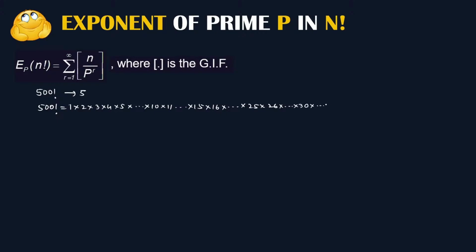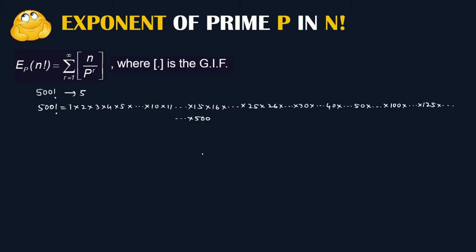I'm just writing it because I want to make you understand how the thing actually works. Then 40 will come, then at some place 50, then somewhere 100, and 125, and this thing goes on. Isn't it so? Till we reach 500.